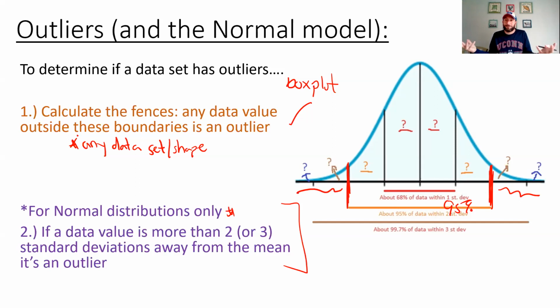That's pretty unusual. Maybe that's an outlier. Or if you have a more strict definition, some books will say outside 3, because 99.7% of data values are within 3 standard deviations. So if you're outside of that, only 0.3% of data values are outside 3 standard deviations from the mean. So that's pretty unusual.